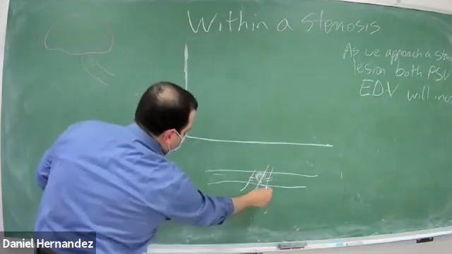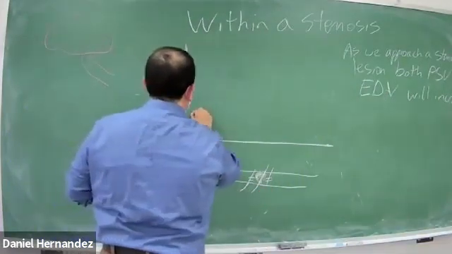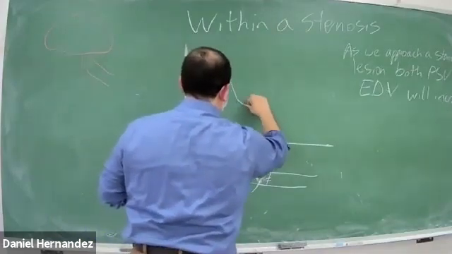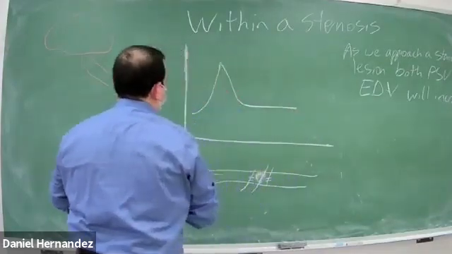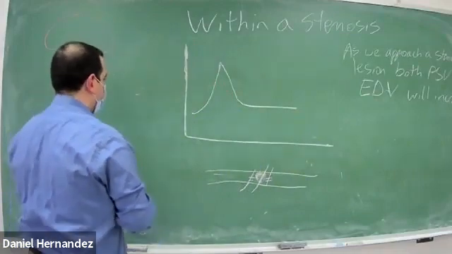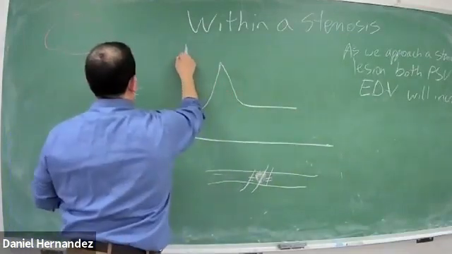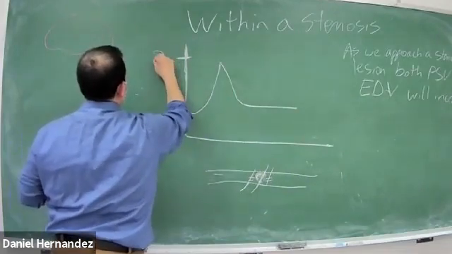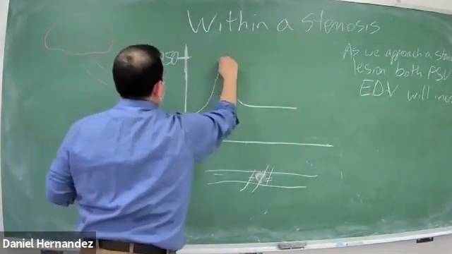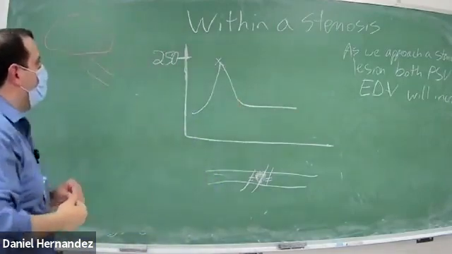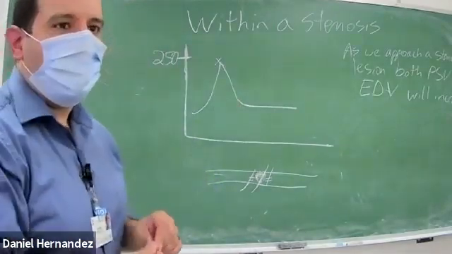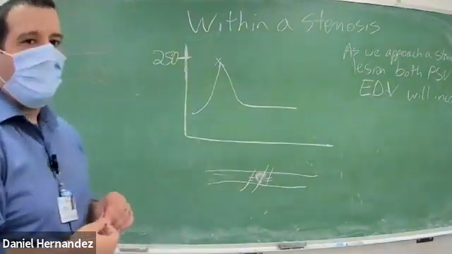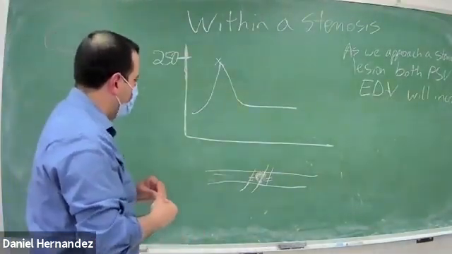So just before the stenotic lesion, we're going to have an increase in our peak systolic velocities and an increase in our end diastolic velocities. So we could say, we'll call it 250, our peak systolic velocity. We know that's over our threshold of 230 centimeters per second, which would make this lesion greater than 70%.